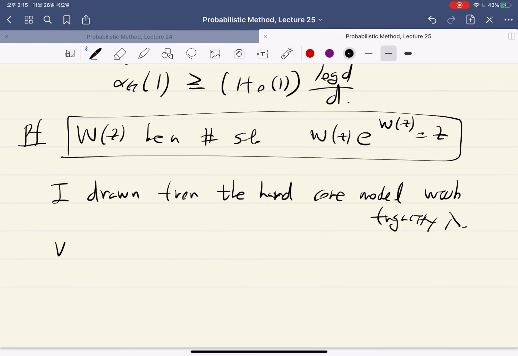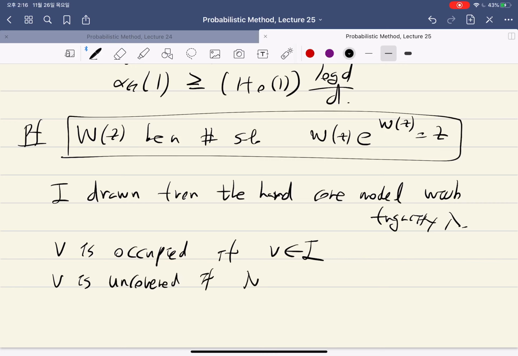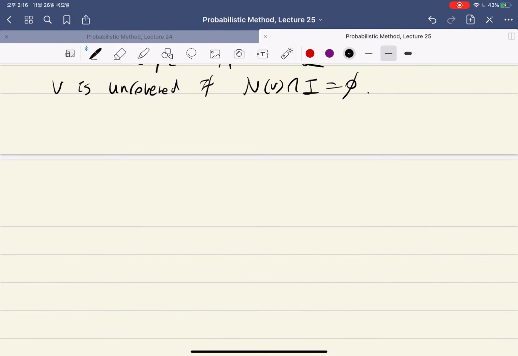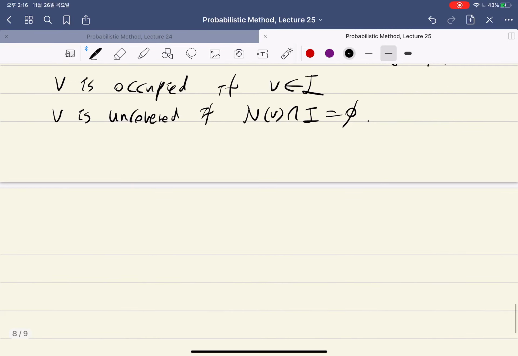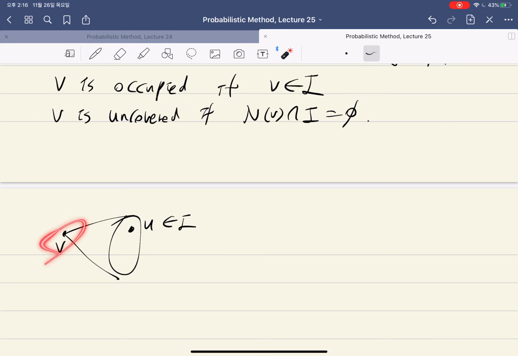We say that vertex B is occupied if it is in the independent set, and B is uncovered if none of its neighbors are occupied by the independent set. We are saying this because if you know this U is in the independent set, then automatically B is not there.